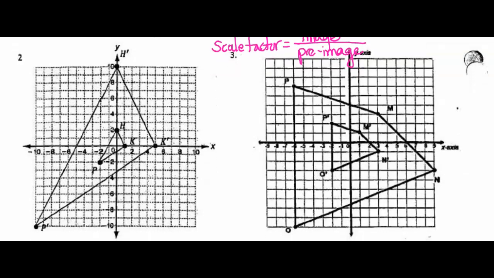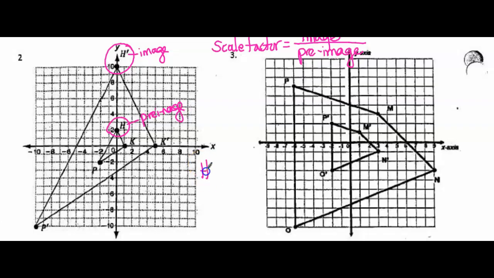So on number 2, one of the ways you can do this, remember the image has the prime. So I'm going to pick this, H prime, that's my image, and I'm going to pick H as my pre-image. What I'm going to do is write down the ordered pairs.